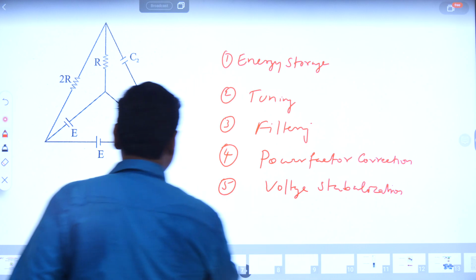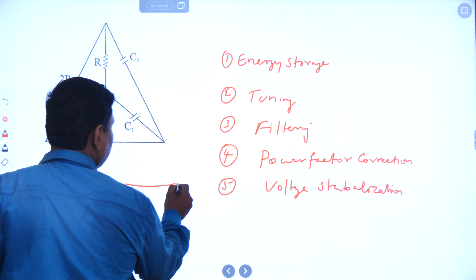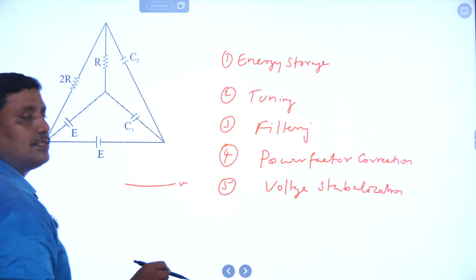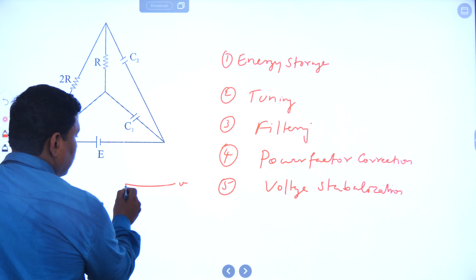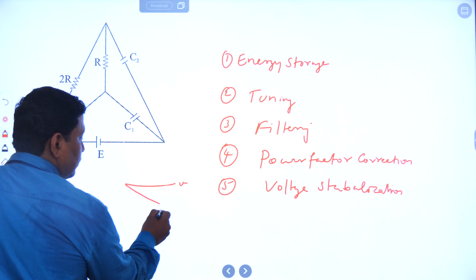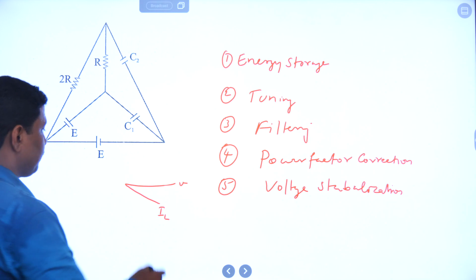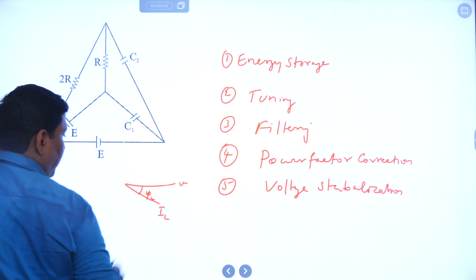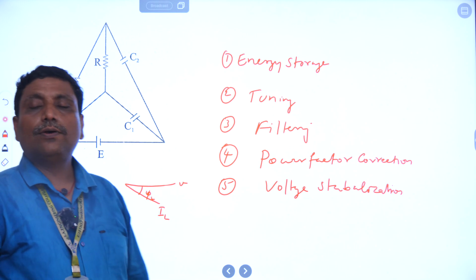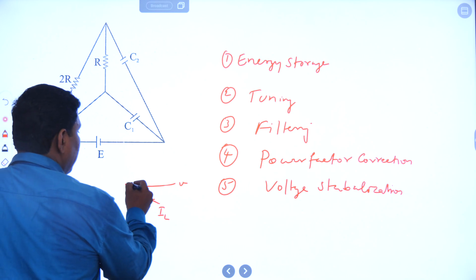So you know very well, for example, the voltage is the reference. We can consider the voltage as the reference. The inductive nature equipment produces a lagging current, I suffix L. So this produces phi L. For example, if you connect a capacitor bank, it produces a leading current.